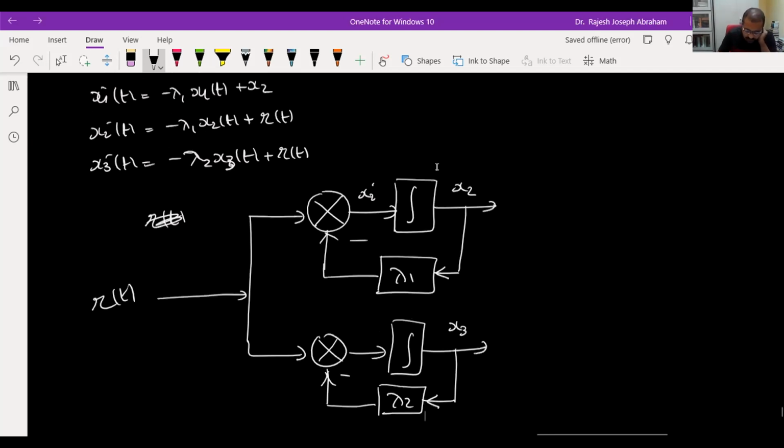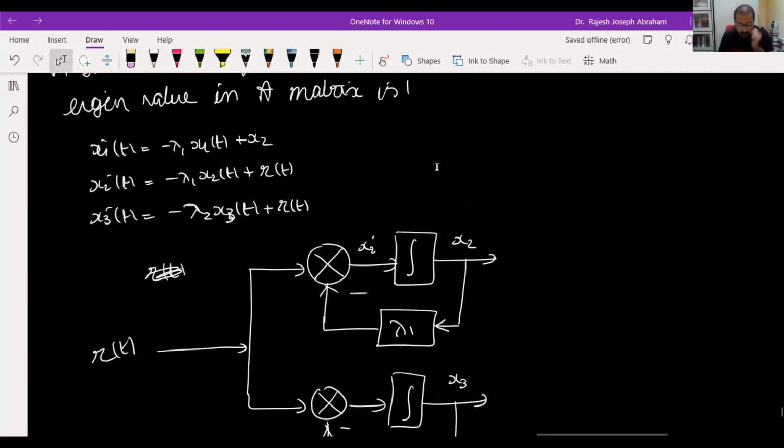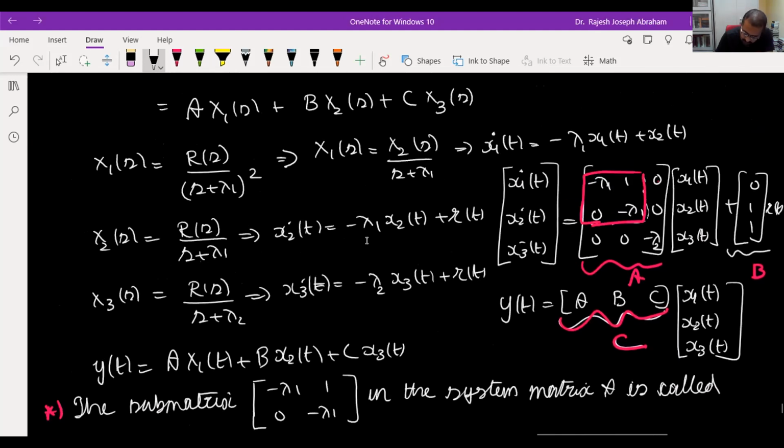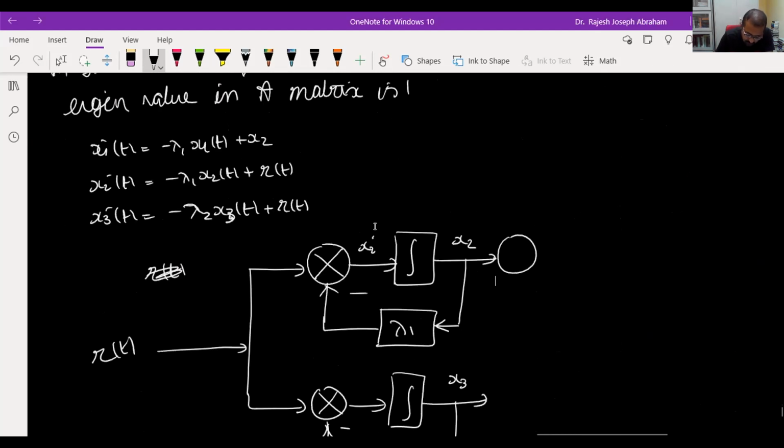Now we have the x1 dot term. x1 dot is minus lambda 1 x1 plus x2. So this is x2.